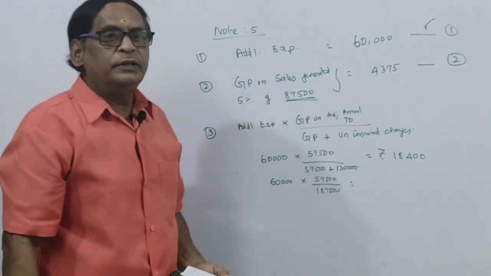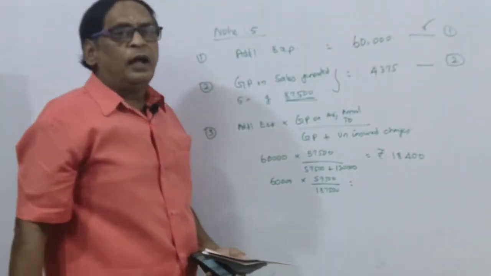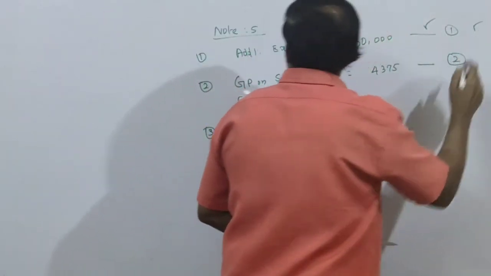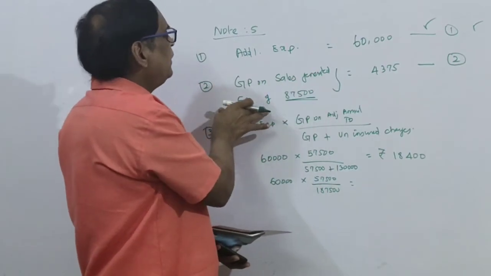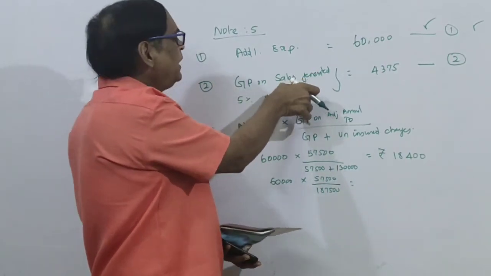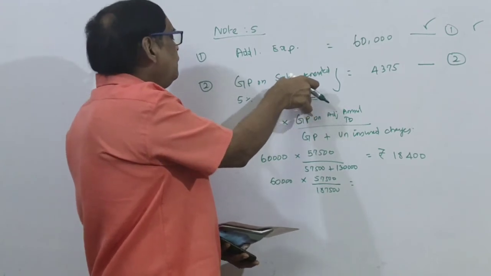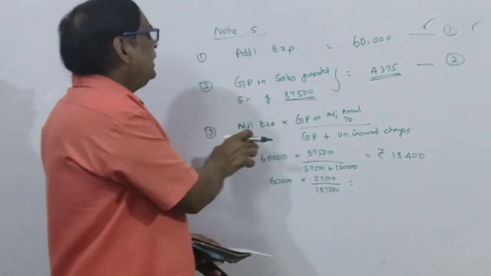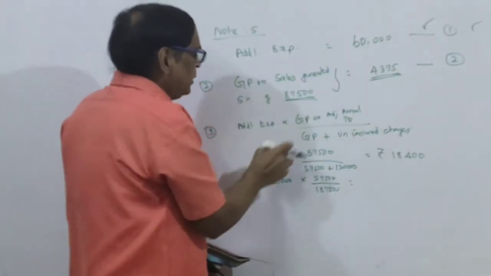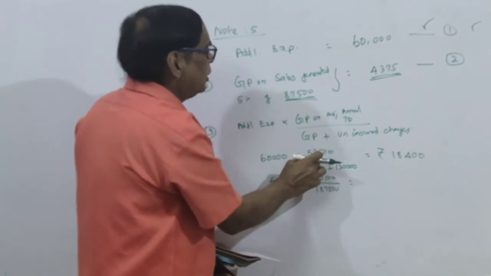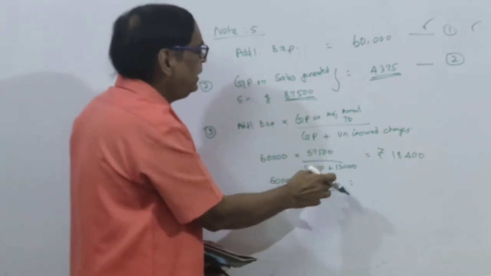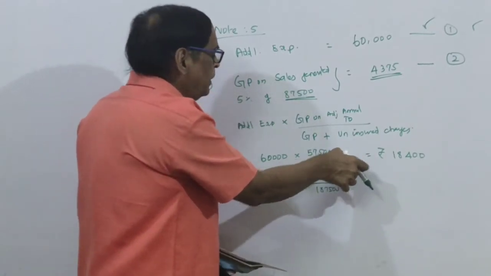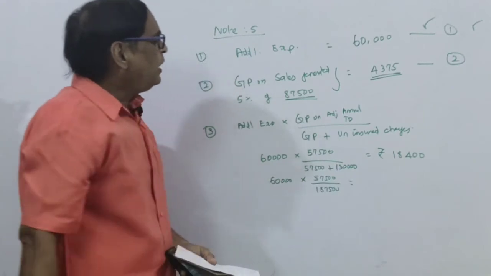So in 3 methods we calculate how much would be admissible. In one case, GP on sales generated, 5% on the 87,500 sales during the indemnity period, is 4,375. And then one formula: additional expenses 60,000 into GP on adjusted turnover 57,500 divided by GP plus uninsured charges, 57,500 plus 1,30,000 rupees.